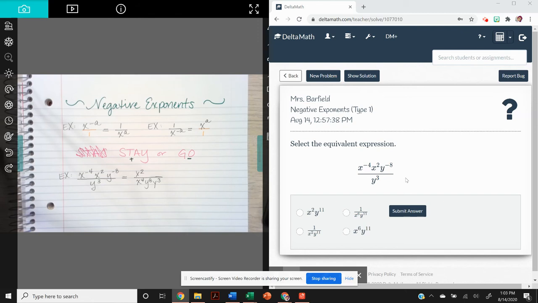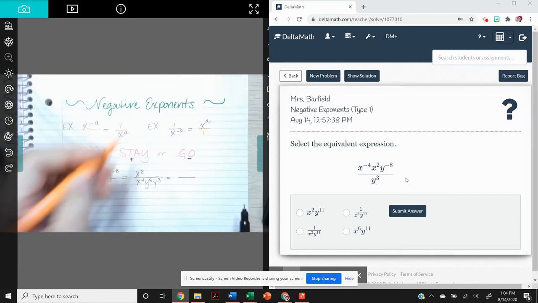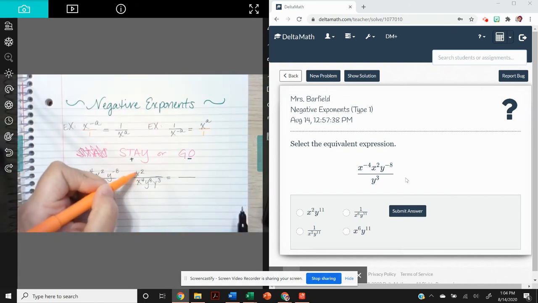Okay, so now what I've done is I have taken my problem and now I have all positive exponents. So what we're now going to do is take some of the rules we learned earlier this week and combine them into this problem that we're left with. Okay, don't panic. I have x squared and I have x to the fourth.